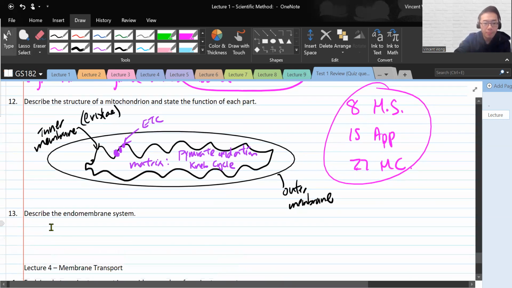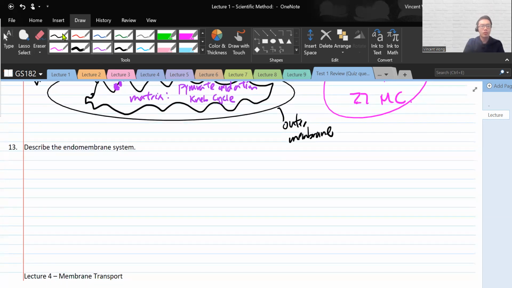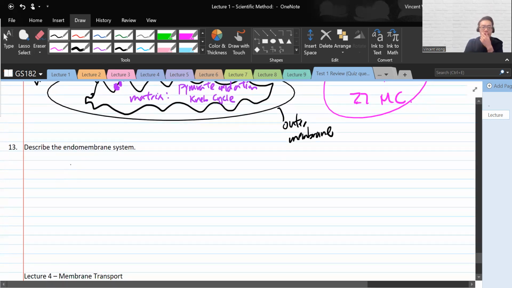Describe the endomembrane system. That is certainly something you should review yourself. Very briefly, we have the rough ER, and then a vesicle goes to the Golgi body.